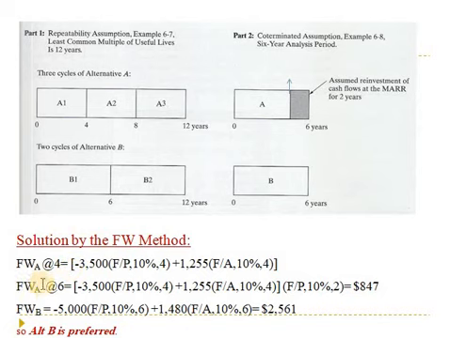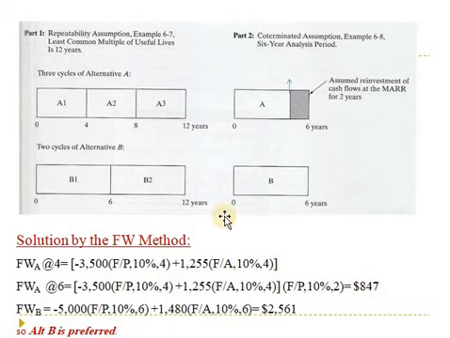So as if I'm saying F equals P, this is all P, and I'm multiplying it by F knowing P, I, 2. Why 2? Because I was standing here at year 4. This becomes a present value and I'm getting its future far away by 2 periods, from year 4 to year 6. So I just multiply it by F knowing P, 10%, 2. So I got the future at year 6 of the alternative A.